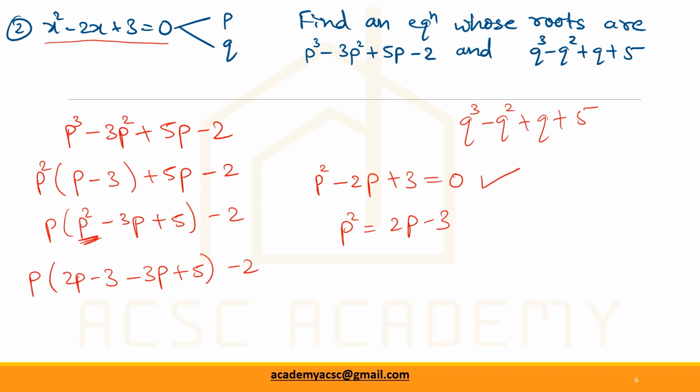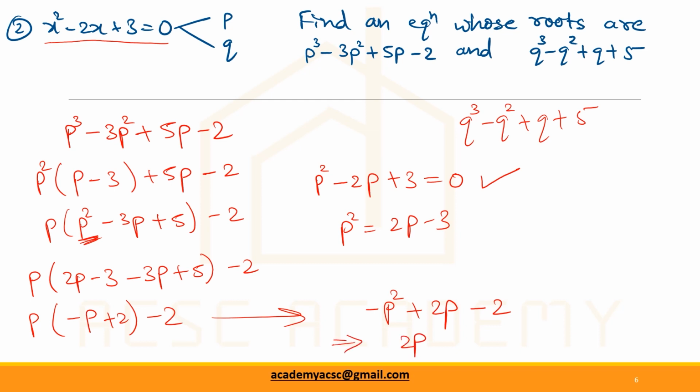Then this becomes p minus p plus 2 minus 2. And that further simplifies to minus p squared plus 2p minus 2. Or we can write that in a better way as 2p minus 2 minus p squared.